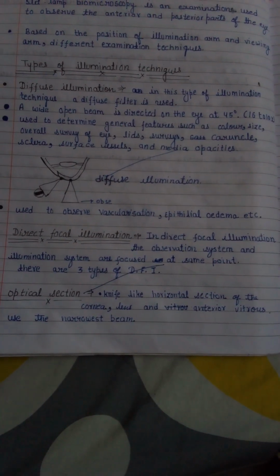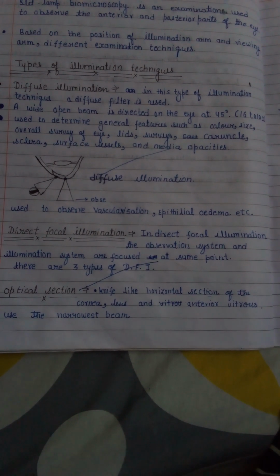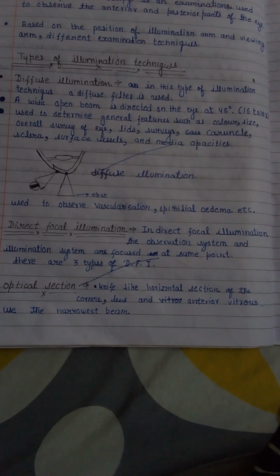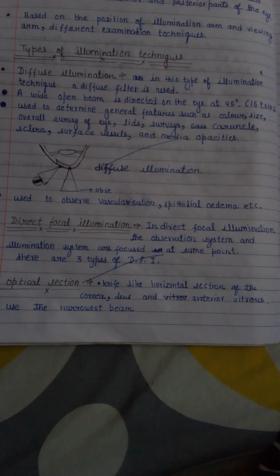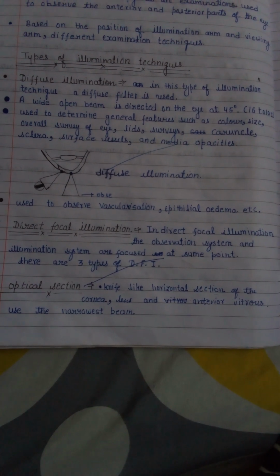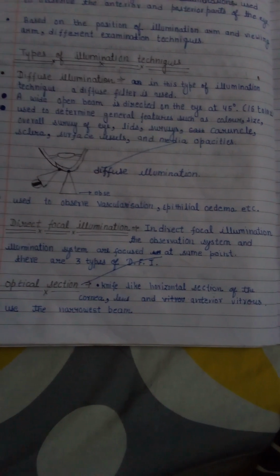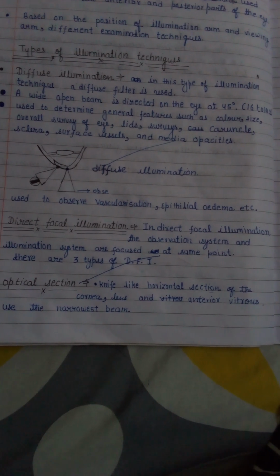used to determine general features such as color, size, overall survey of eyelids, lid surface, caruncle, sclera, surface vessels and media opacity. All these things can be observed by using diffuse illumination.